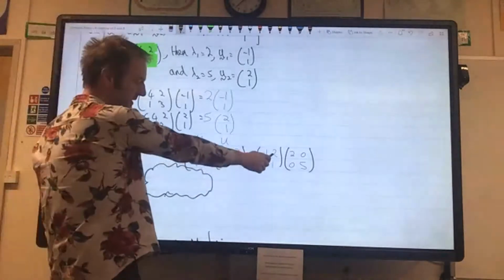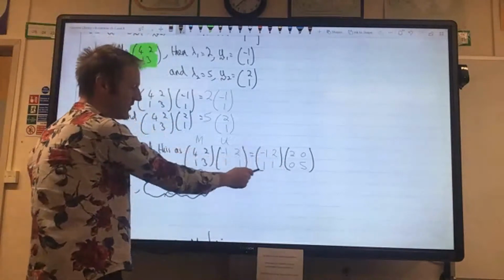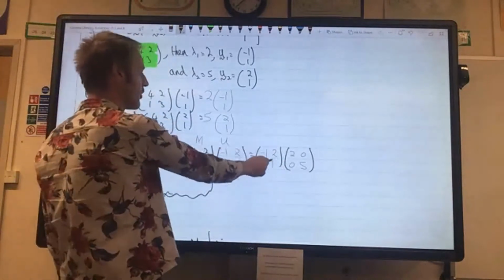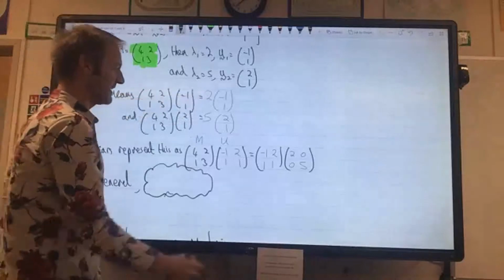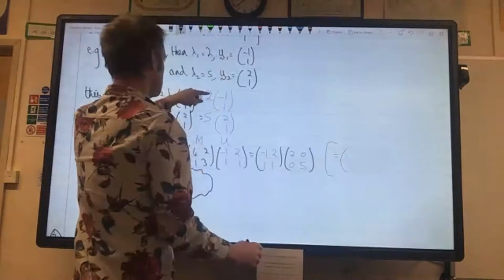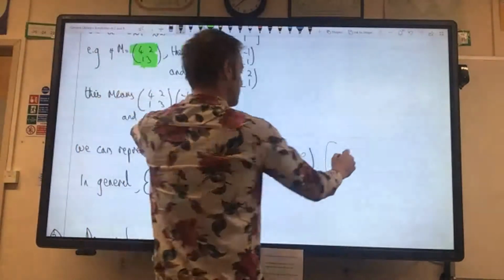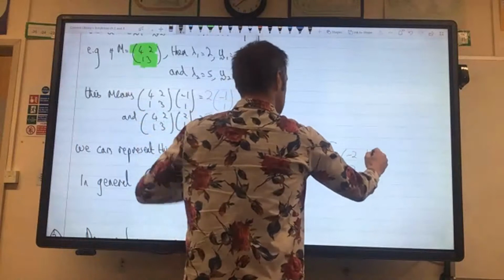So if we multiply this matrix by 2, 0, 0, 5, we will be multiplying the first column by 2 and the second column by 5. And if we look at what we're supposed to get, it does equal 2 lots of -1, 1 and 5 lots of 2, 1.